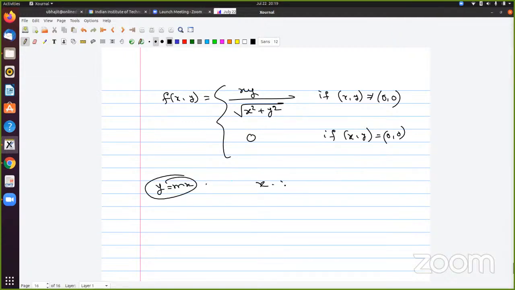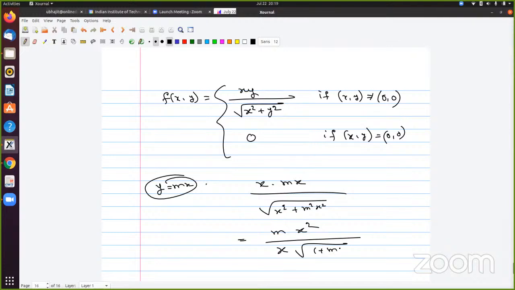So if you put y equal to mx, what will you get? Here it is mx square, and here an x comes out, so it has a limit. So this does not conclude anything, right? If we take y equal to mx, still we are getting the limit to be 0. For different m, we will not get different values of the limit, because here x is there. So the same approach will not work.